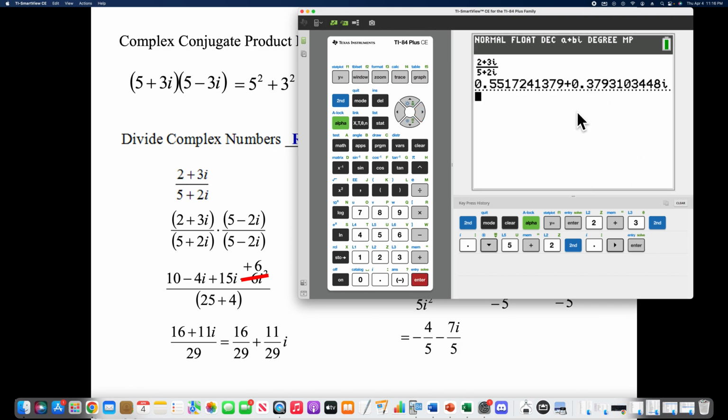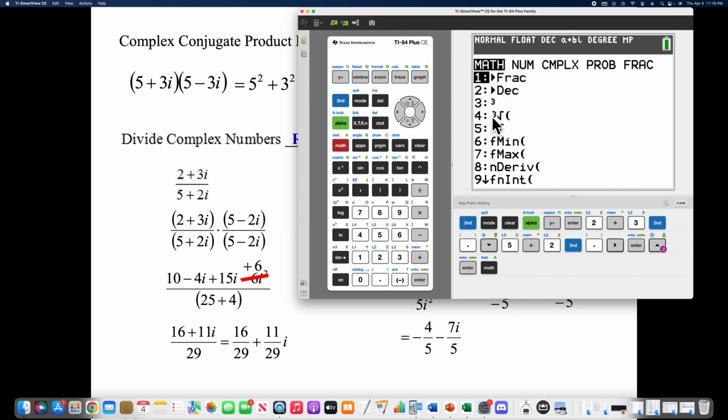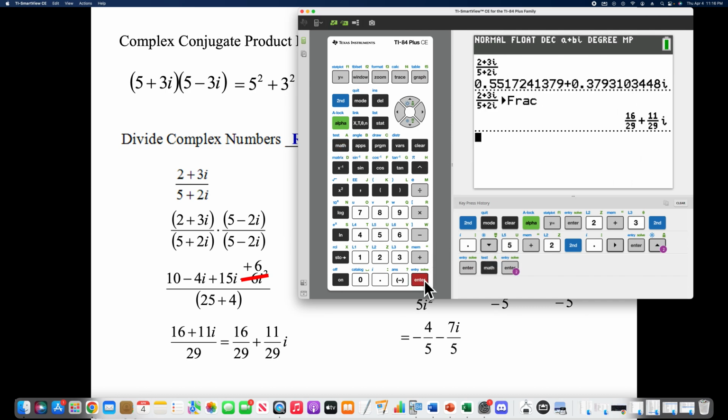And if you get this long decimal, what we need to do at the end of this answer is return it as a fraction. So you have to hit math, return your answer as a fraction, and then it gives us the answer that we came up with down here.